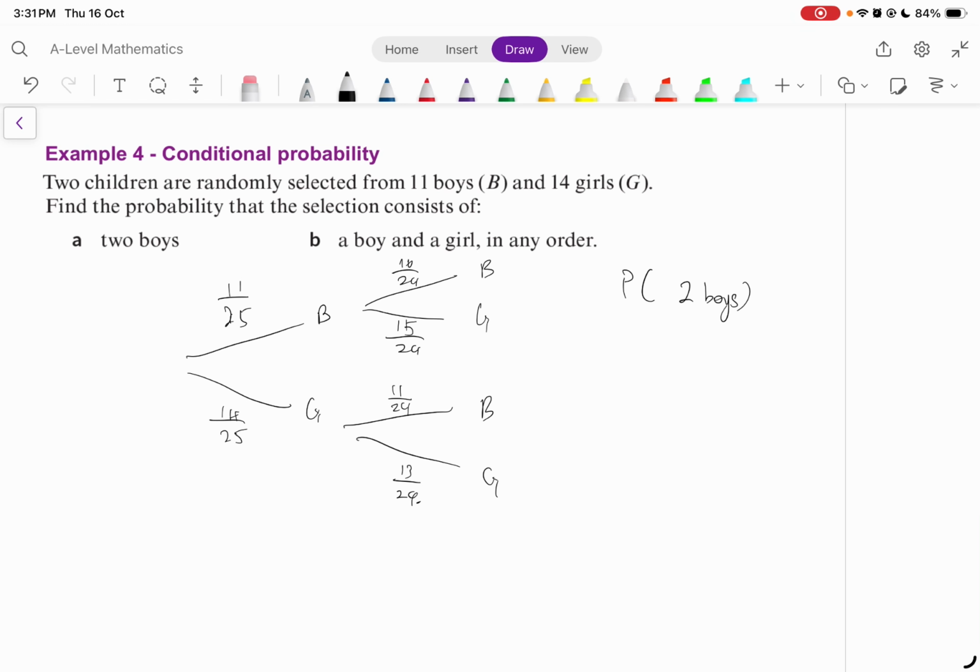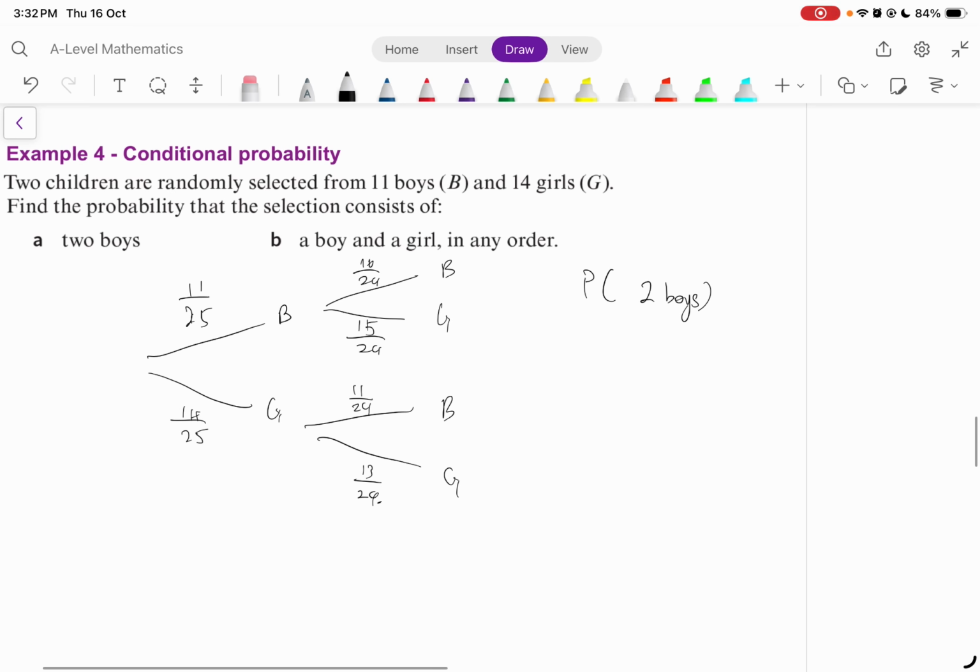Okay, 如果你要的话，你可以用 conditional probability to solve, but I don't think it's necessary. So 它也没有讲什么 condition 嘛。So probability of selecting two boys is just literally 11 over 25 times 10 over 24. 因为我在看着那个 note，我就有点怪怪的。But yes, that's just do whatever that feels comfortable.